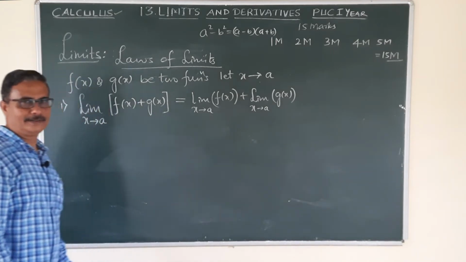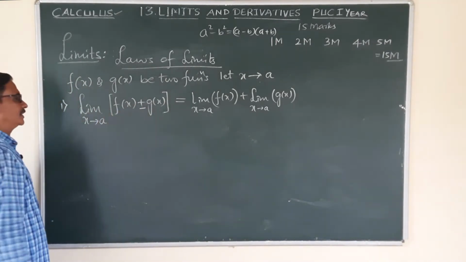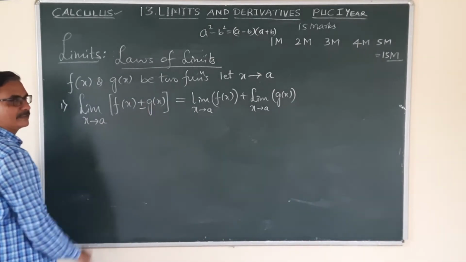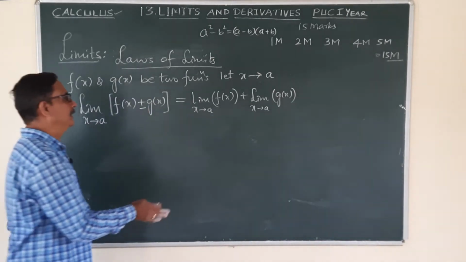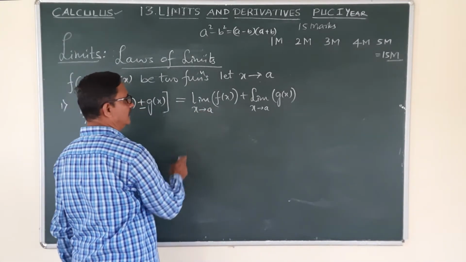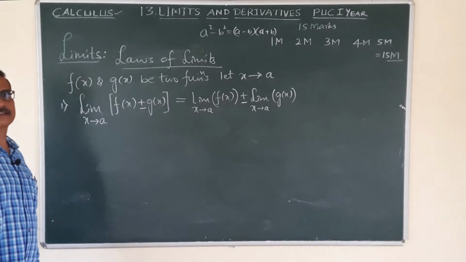This is the first law. Similarly, limit of the difference of two functions, f of x minus g of x, as x approaches a is equal to, split up the limit: limit of f of x as x approaches a minus limit of g of x as x approaches a.